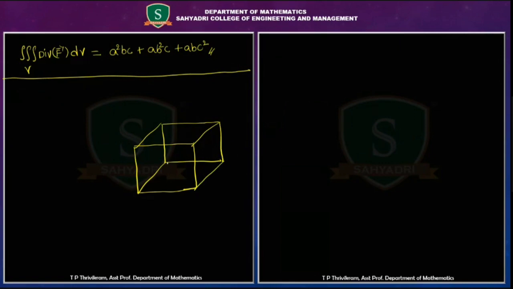Now I am taking this line as my x-axis and this line as my y-axis, and this line I am taking as z-axis, and this line I am taking as x-axis. So this middle one you have to take as origin O.